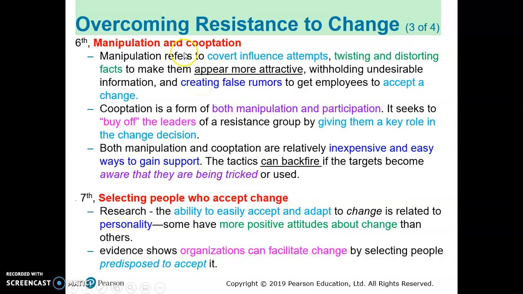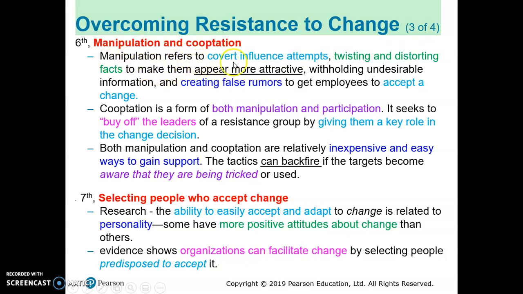Resistance to change can also be overcome by manipulation and cooptation. This is maybe not a good way. So what is manipulation? We already discussed this in a few previous chapters, but I just want to reiterate here.